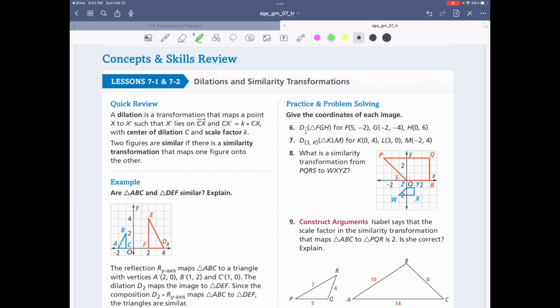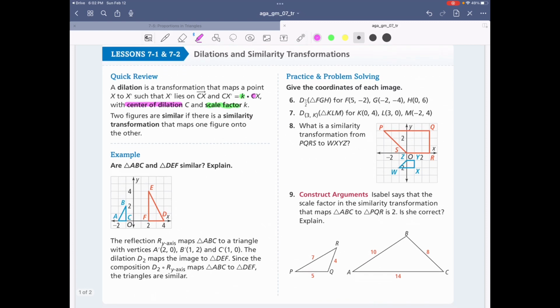So you should know what these variables are representing. Two figures are similar if there is a similarity transformation that maps one figure onto the other. So we start out with mapping figures.